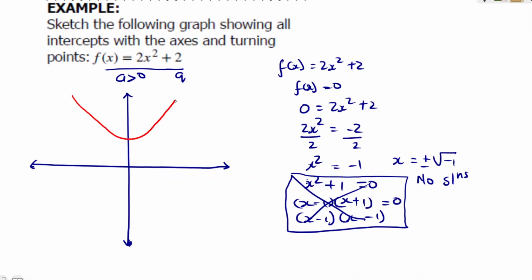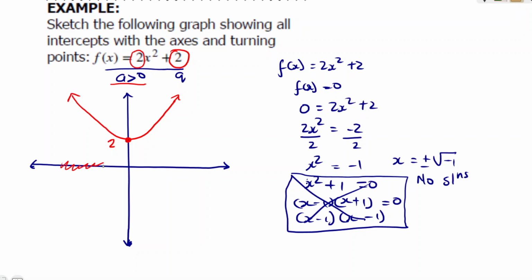Yeah, it's a smiling graph and it is lifted how many units? It is lifted 2 units up. So the turning point is 2 because it is lifted 2 units up, and it is a minimum because a is a positive value. But there are no x-intercepts.